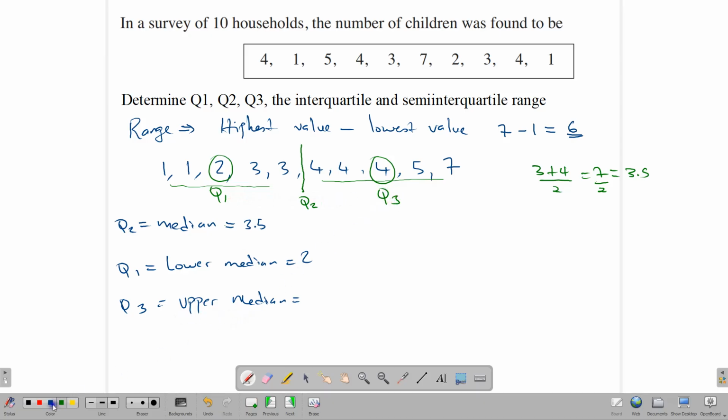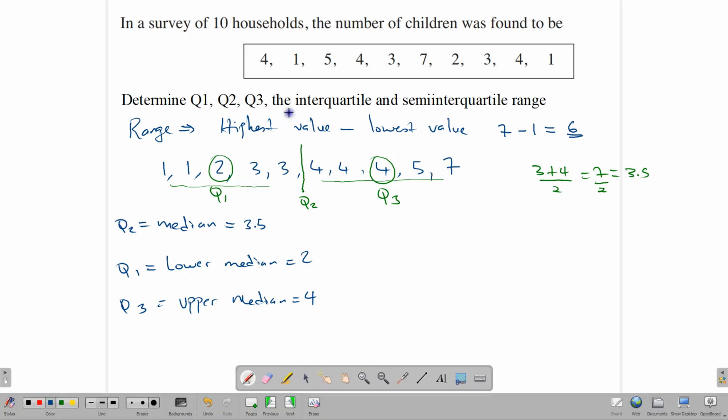And the upper median here is, as we have it, 4. So we have our median, which is 3.5. We have the lower median, which is 2. And we have the upper median, which is 4. And these are numbers that tell us what the middle number is in the data, what the middle of the bottom half is, and what the middle of the top half is, and they give us an idea of how our data is spread out.